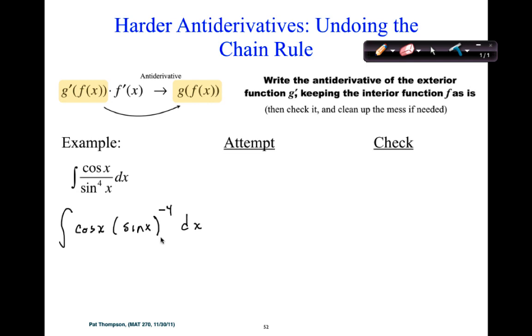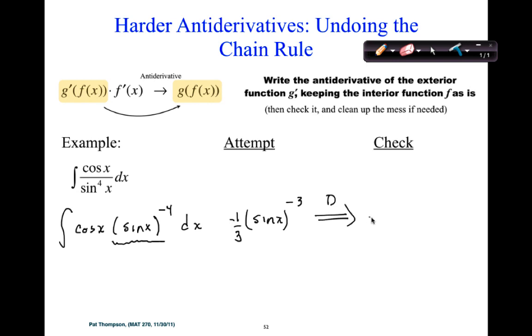Our first attempt is we focus on that term. And we do what? So exterior function is to the minus 4. Antiderivative is to the minus 3. We also need then negative 1/3. So that's our first attempt at the g f of x, right? Take the derivative.